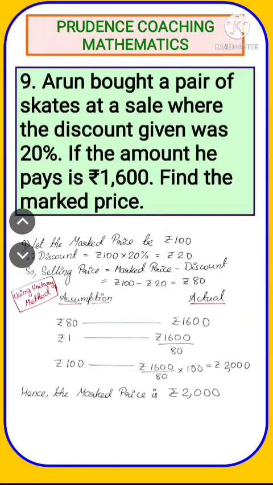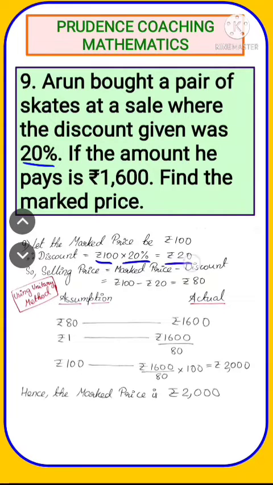So my dear students, as discount is calculated on marked price, I have already discussed that whenever you deal with a sum where you get marked price, discount, selling price, you need to assume the marked price to be 100 because discount is calculated on marked price. So here discount will be rupees 100, that is marked price, into 20% as it is given in the question.